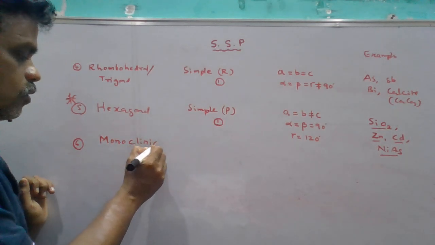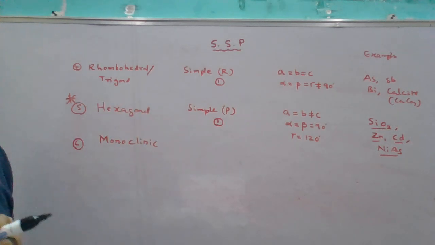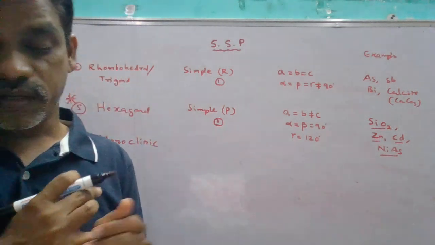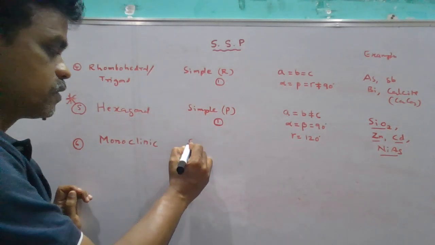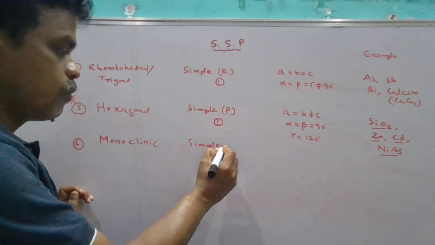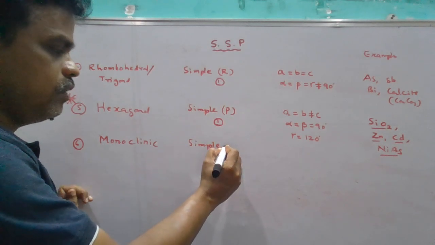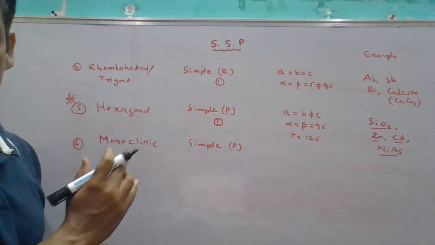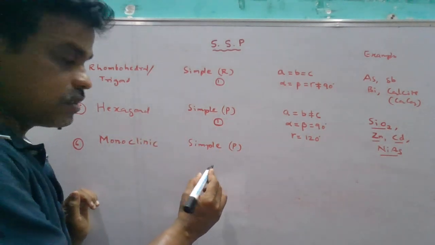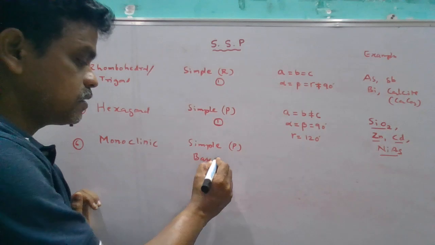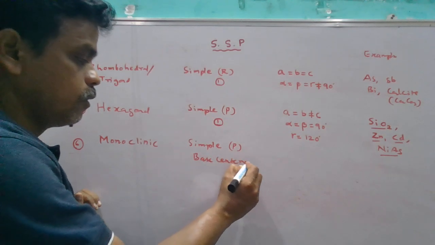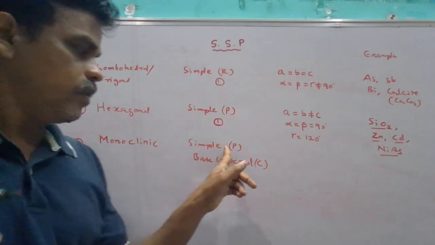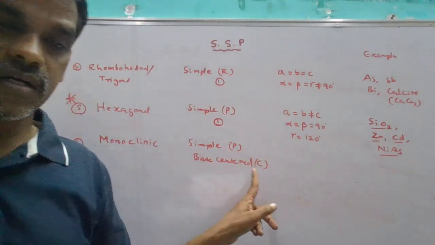Monoclinic system. What about Bravais lattices for this one? Simple monoclinic, that is P. Then base centered monoclinic.